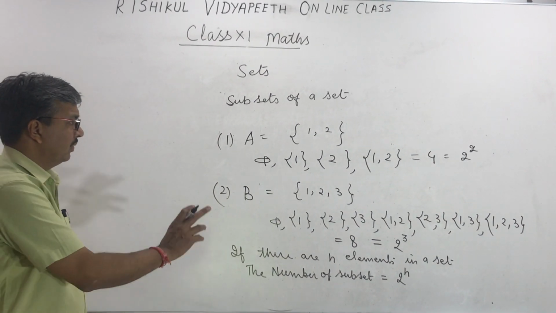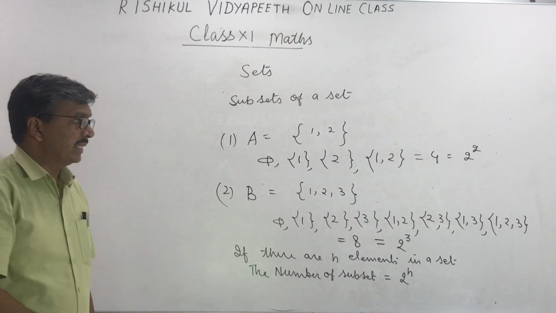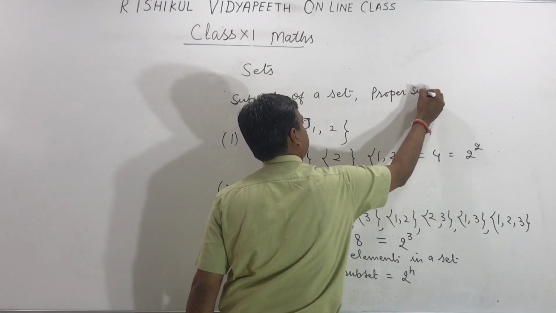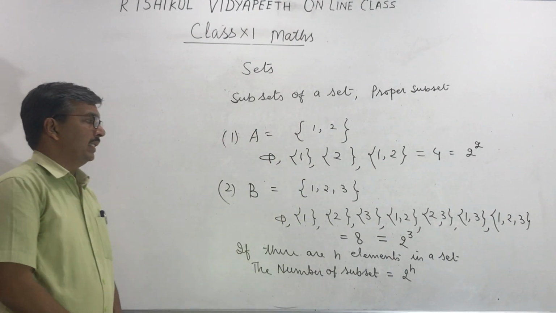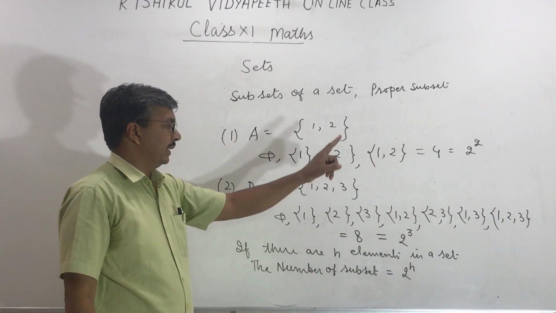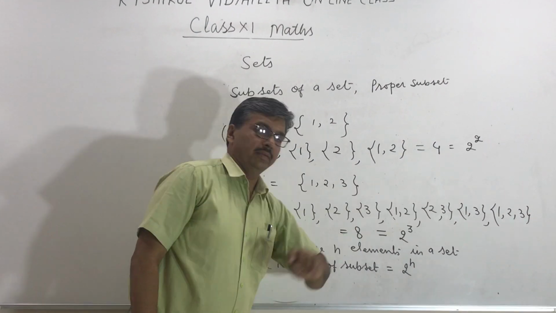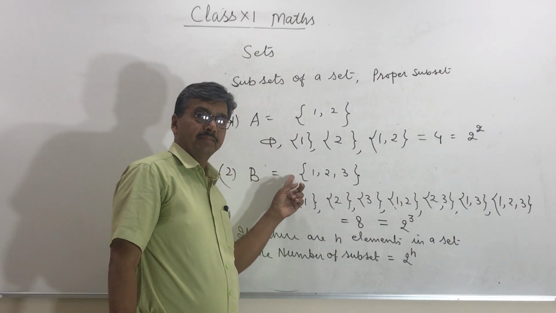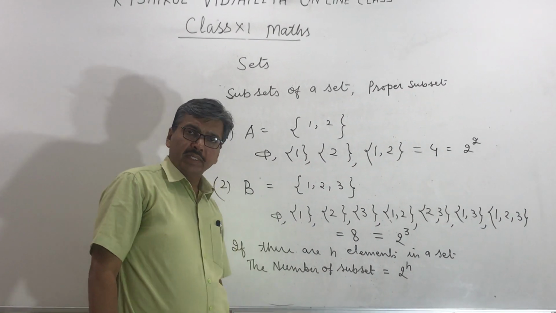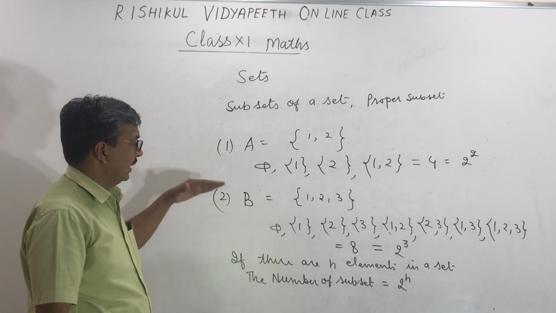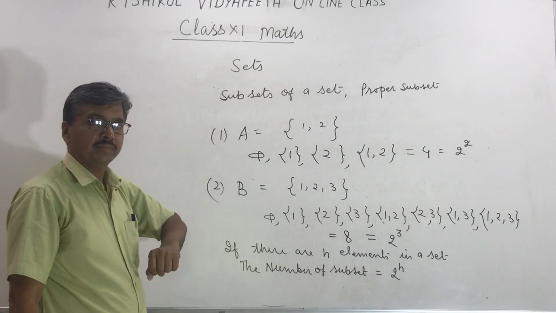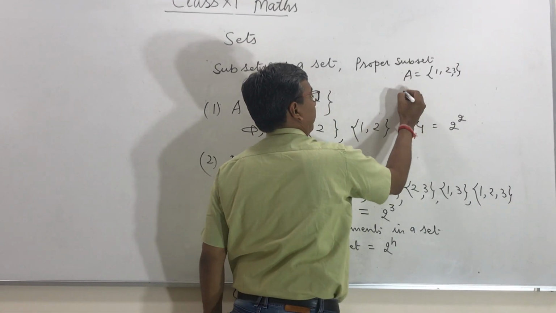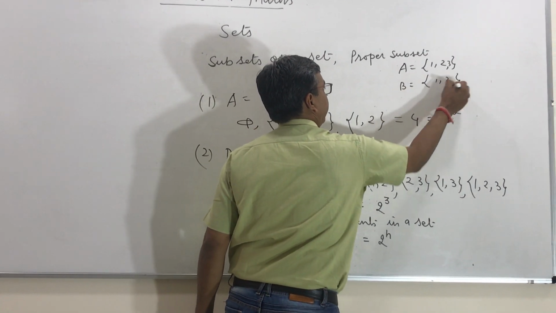Okay. Now, what is a proper subset? See here, these sets are all proper subsets of set B. It means a proper subset is, let A be a set, 1, 2, and 3, and B be a set.